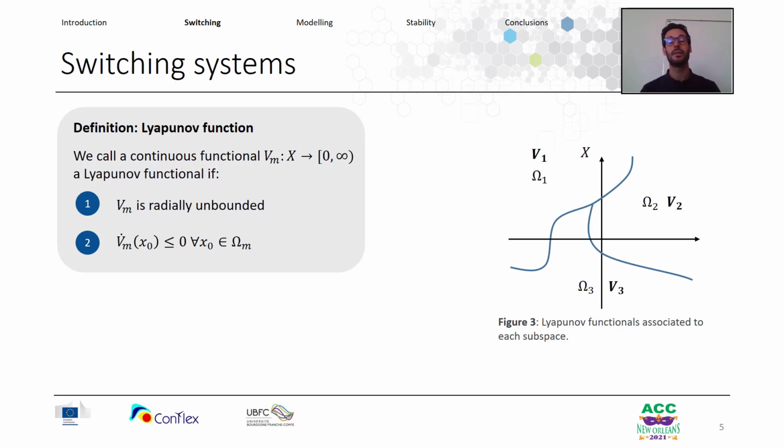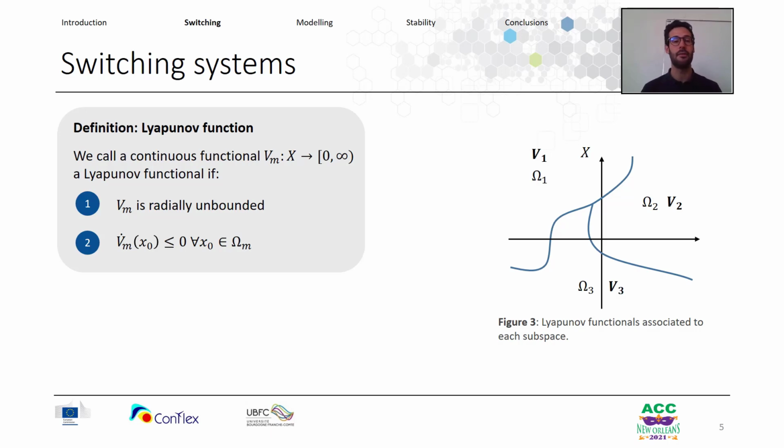Then we associate to each subspace a certain Lyapunov functional, and for a certain function to be considered a Lyapunov functional, it first of all has to map from the state space to the non-negative part of the real numbers, and it must be radially unbounded.